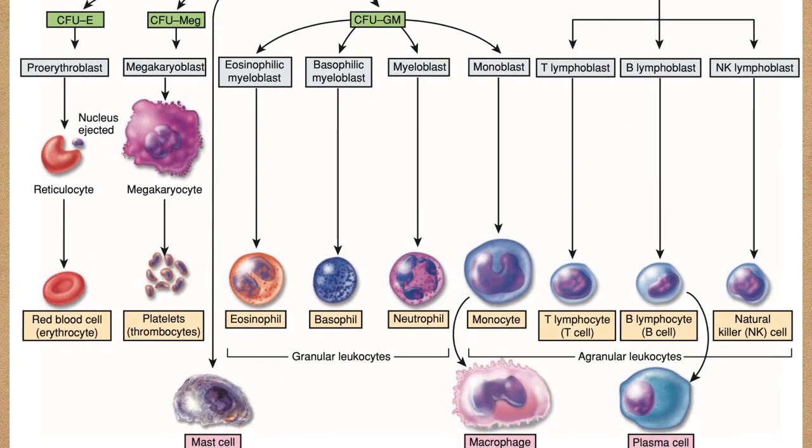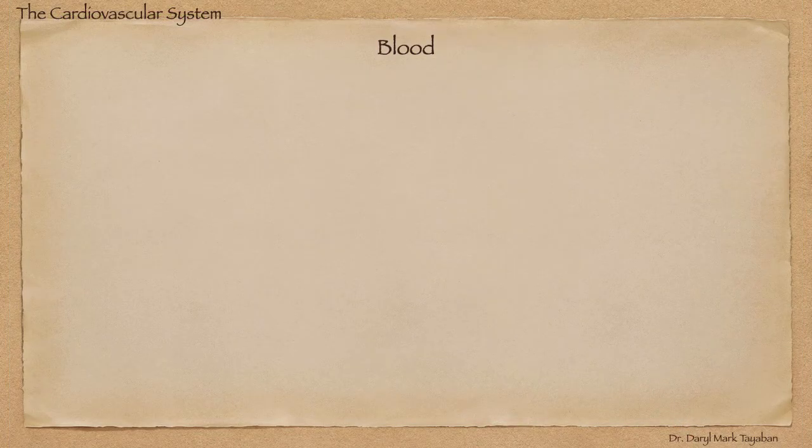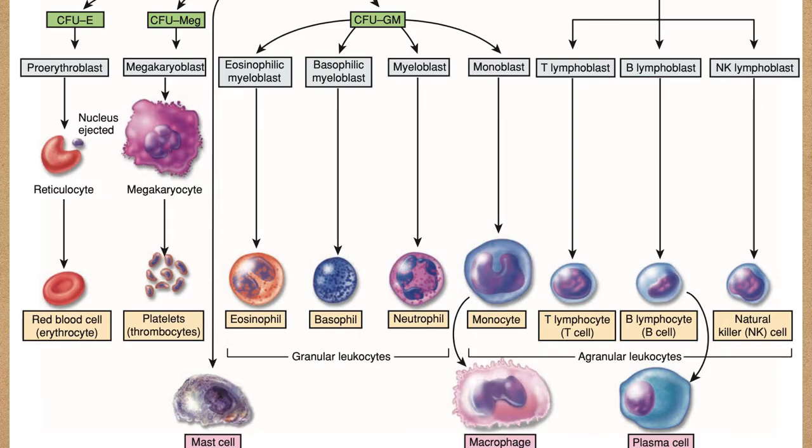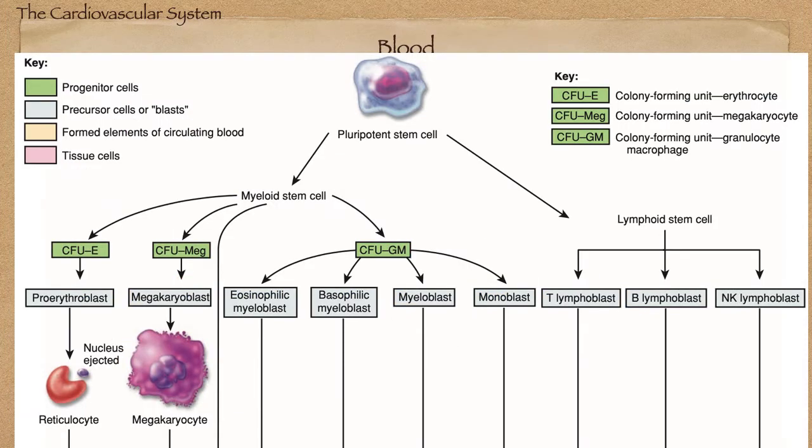They can become mature: the eosinophilic becomes the eosinophils, the basophilic becomes basophils, the myeloblast becomes neutrophils, and the monoblast becomes monocyte. This monocyte, as it travels, remember we talked about macrophages, especially in the muscle and the skin, no? And also nice to know that the muscle originally came directly from the myeloid stem cells.